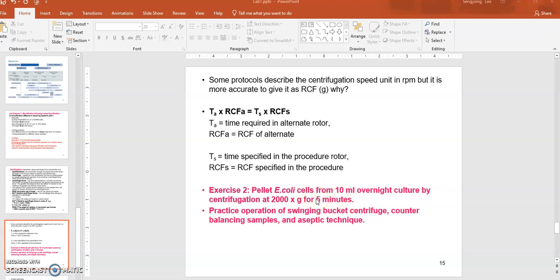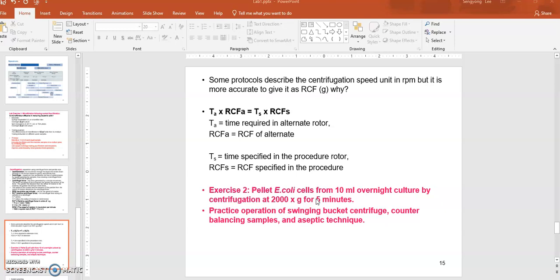And when you use a centrifuge, another important practice is that you need to have an even number of samples. If you have a single sample, you have to create something that can counterbalance it, because when you use a rotor, the rotor should be counterbalanced. Otherwise, the rotor will be imbalanced and it will wobble and it will damage the centrifuge, as you know.